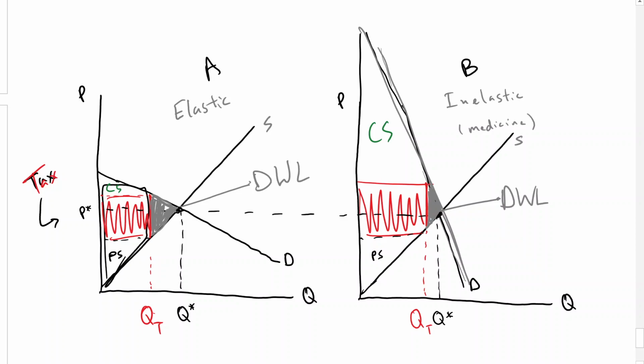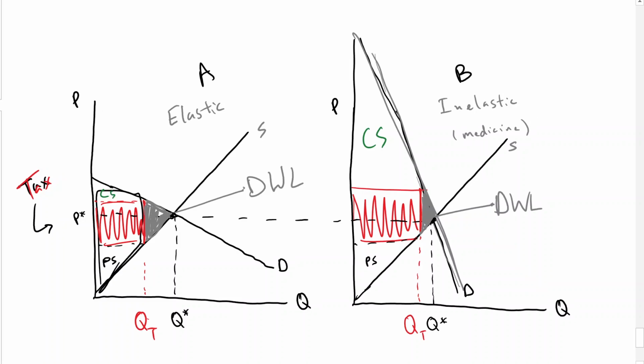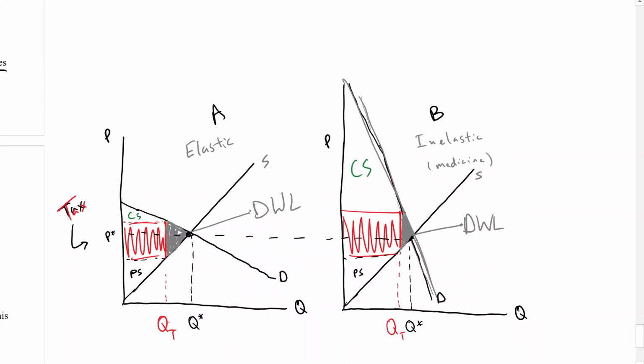Okay, so that's just a little bit of an extra detail that gets into some other concepts of elasticity, which I have some other videos on in my channel, so you could go check those out as well.